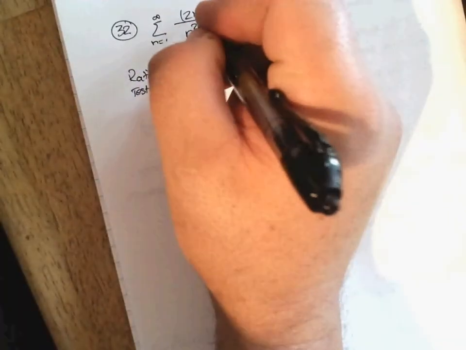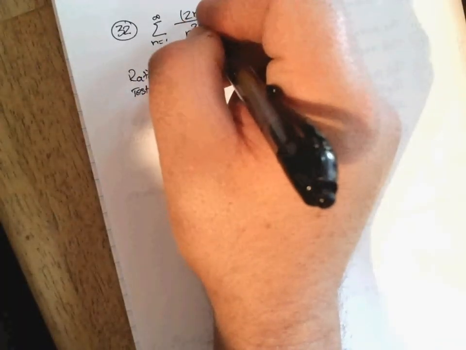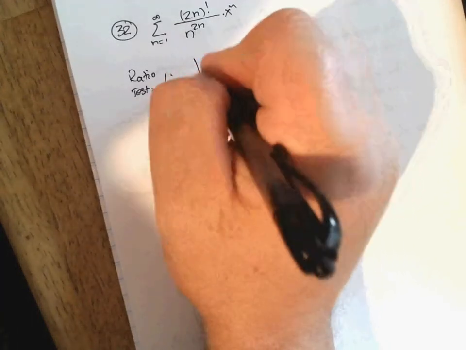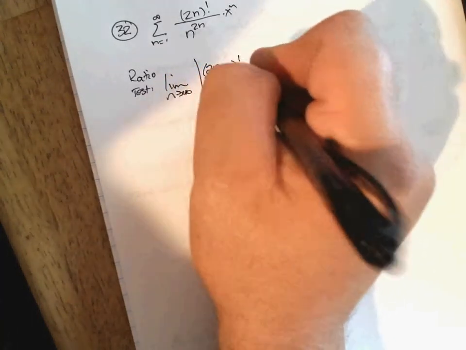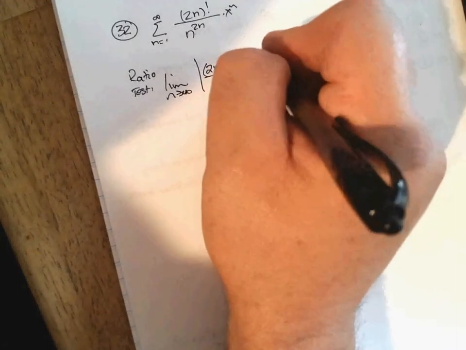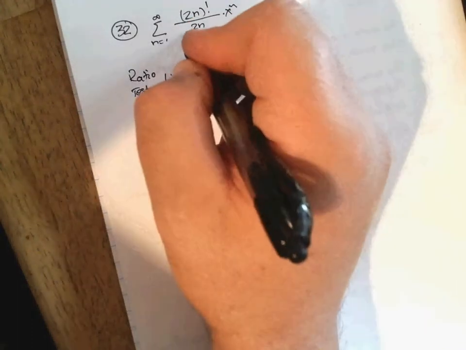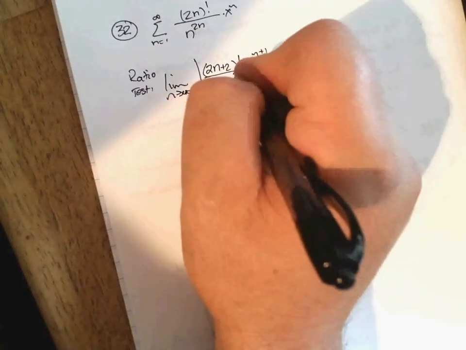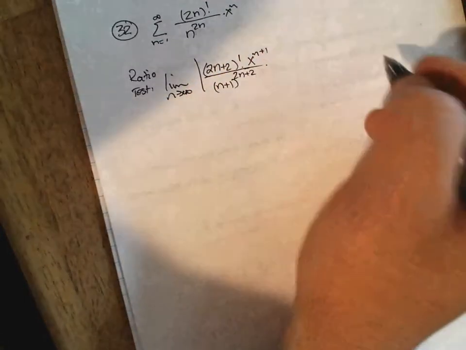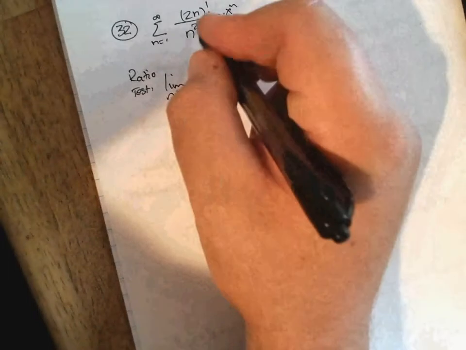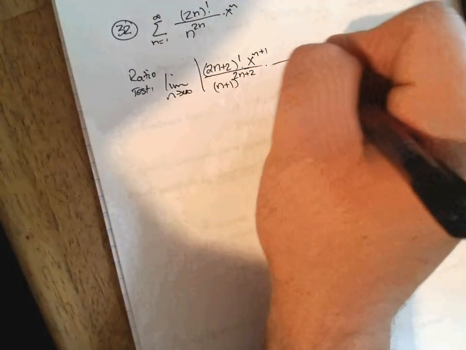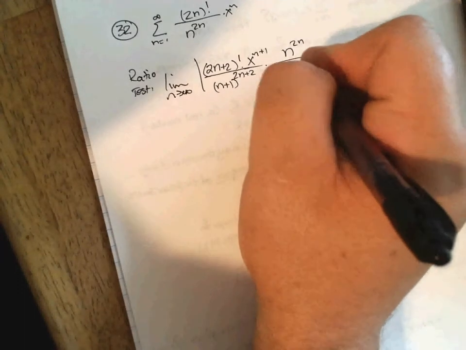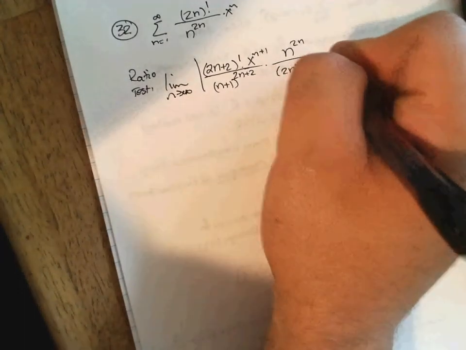You take the limit as n goes to infinity of this with the n's increased by 1. So when you increase this n by 1, that's 2 times n plus 1, or 2n plus 2. There's x to the n. You increase that by 1. You increase this n by 1 and this n by 1, so you get n plus 1 to the 2n plus 2. Now multiply that by the flip of this.